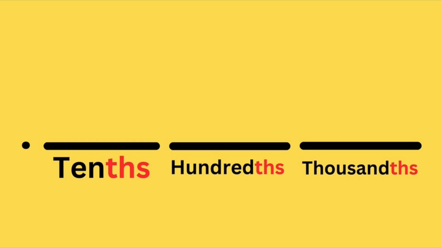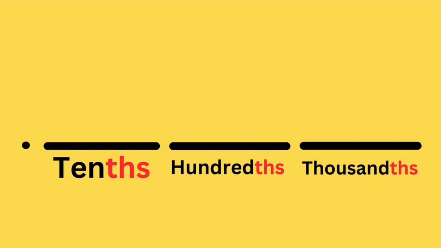Right here we have just a blank canvas. So we have a decimal and then 3 place values, the tenths place, the hundredths, and the thousandths. These place value terms are different than the place value terms that you see when we're looking at place values in front of the decimal. The difference is that you have a different ending.